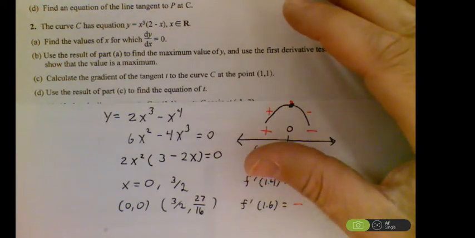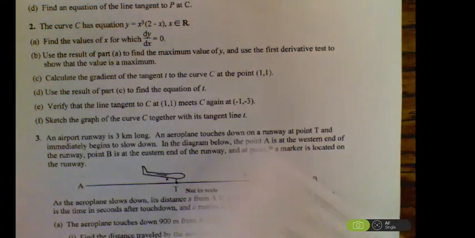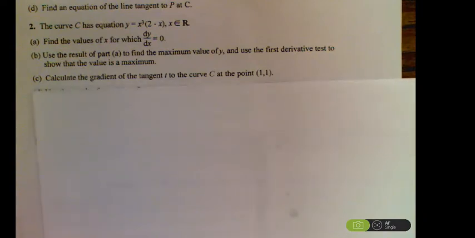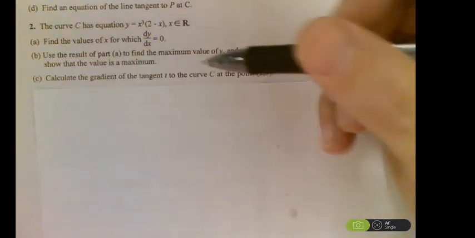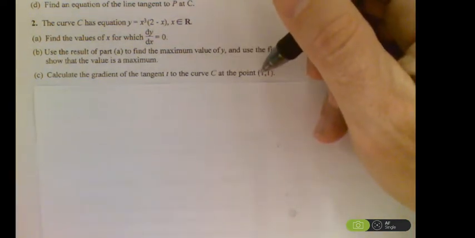So calculate the gradient of tangent t to the curve at this point. So pretty classic derivative problem on this one. So just looking for a gradient, which means derivative. So I want to plug in an x value always into my derivative to get a gradient.